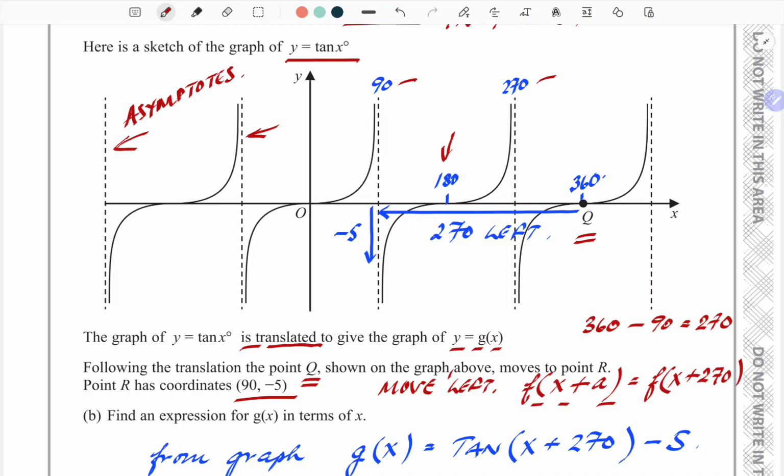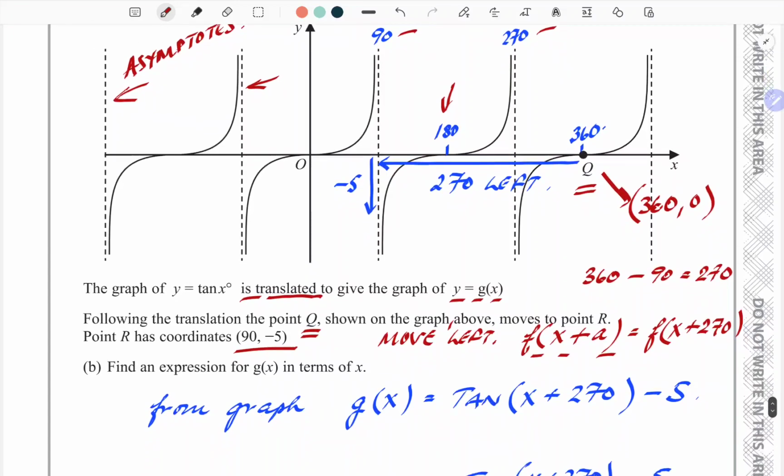Then we know that originally Q was on the x-axis, so the y value of the coordinate was 0. Originally Q is 360, 0, and it needs to go down by 5. That means the y value needs to go down by 5. It doesn't have anything to do with the x, so that goes outside.